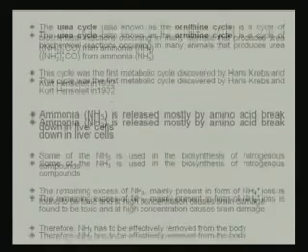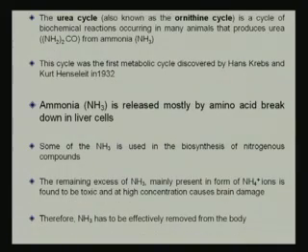Today I will start with this urea cycle, followed by gluconeogenesis, and it will end with the glyoxylate pathway. So let us start with the urea cycle. Now, the urea cycle is otherwise known as the ornithine cycle.